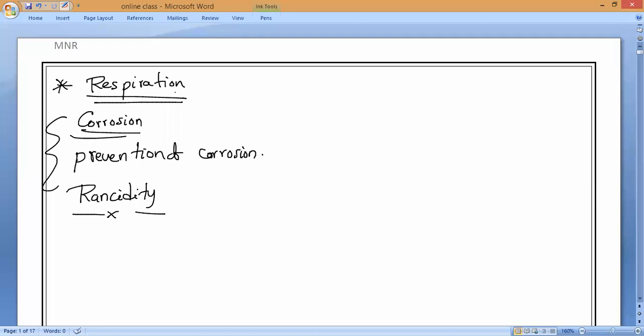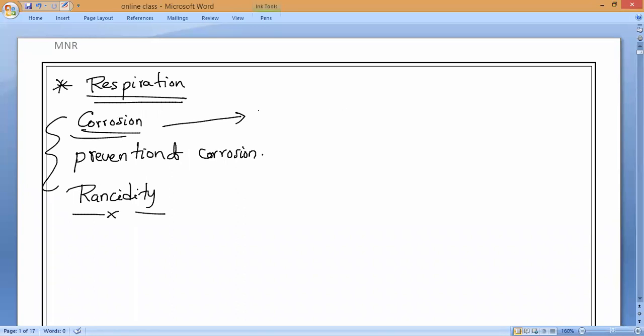Now, as we know corrosion, what do you mean by corrosion? Simply I can say that corrosion means spoiling or eating up of metals by the reaction of some atmospheric gases.